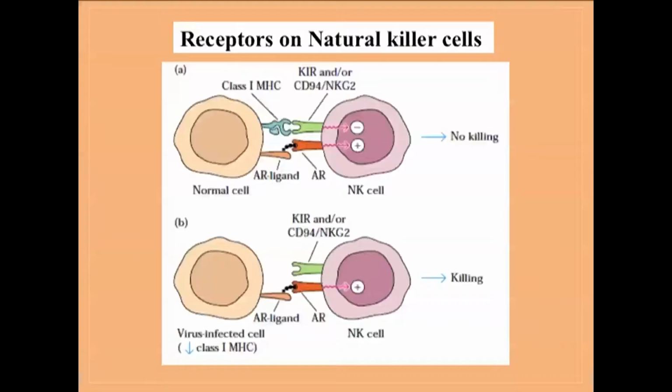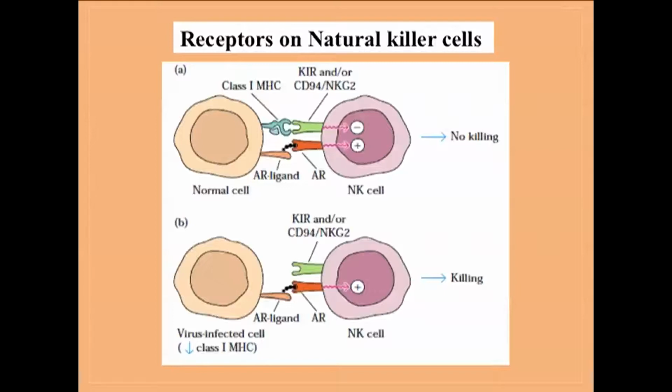In the case of human transformed cells, KAR binds to MIC-A and MIC-B, and when KAR gets the molecule present on a target cell, it provides the killing signal. But KIR looks for the class 1 MHC molecule, because expression of class 1 MHC molecules decreases in response to a virus inside the cell or in a transformed cell. So KIR looks for the class 1 MHC molecules.